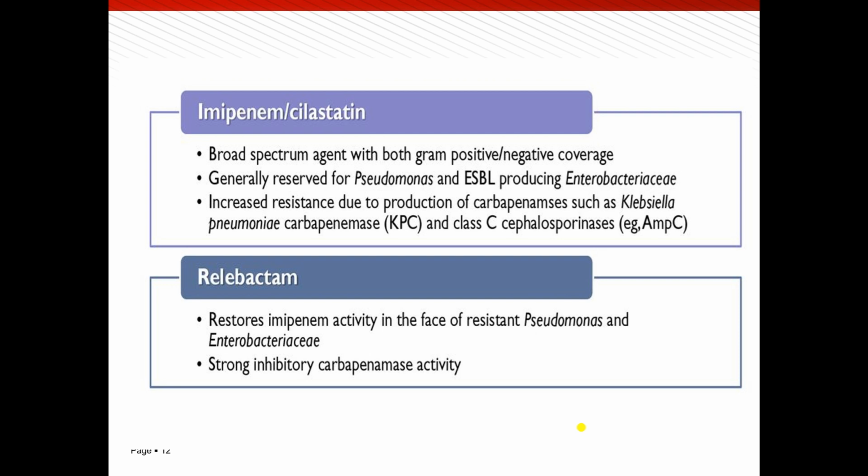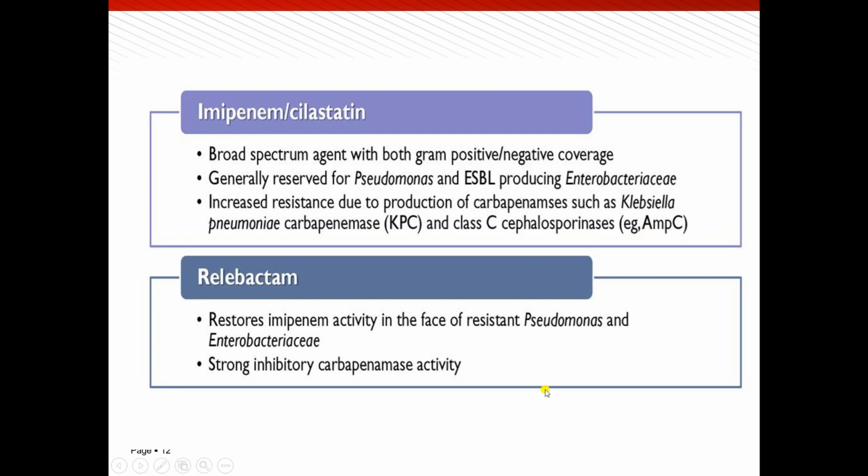So the imipenem-cilastatin combination can be considered a broad spectrum agent with both gram positive and negative coverage. It is generally reserved for Pseudomonas and ESBL producing Enterobacteriaceae. Increased resistance has been reported with imipenem due to production of carbapenemases such as Klebsiella pneumoniae carbapenemase and class C cephalosporinases, for example AmpC.